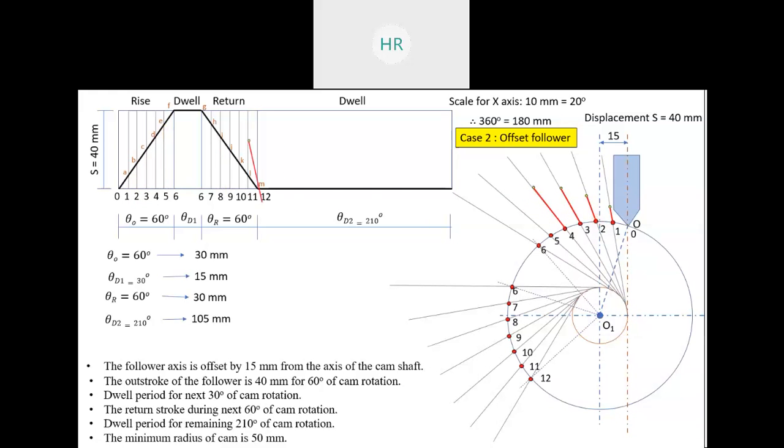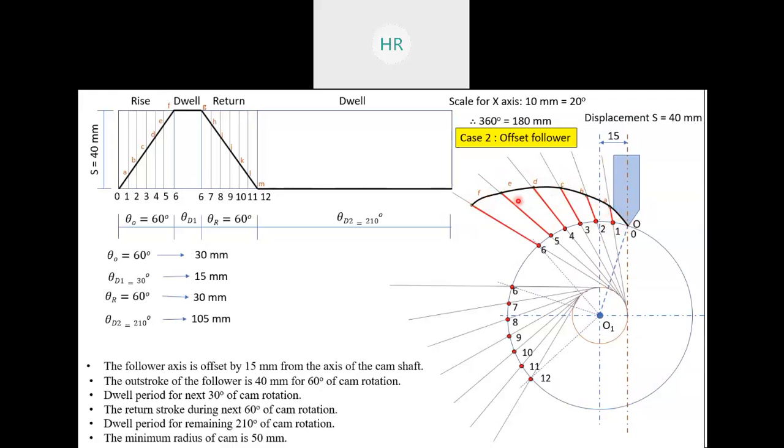and from 5, and from 6. So ये जो सारे डिस्टेंस थे डिस्प्लेसमेंट डायग्राम के ऊपर for 0 to 6, we have transferred this on this cam profile. Now do the naming A B C D up to F, and draw a smooth curve passing from all these points A B C D E F, सारे पॉइंट्स में से पास होता हुआ एक स्मूथ कर्व ड्रॉ करेंगे.